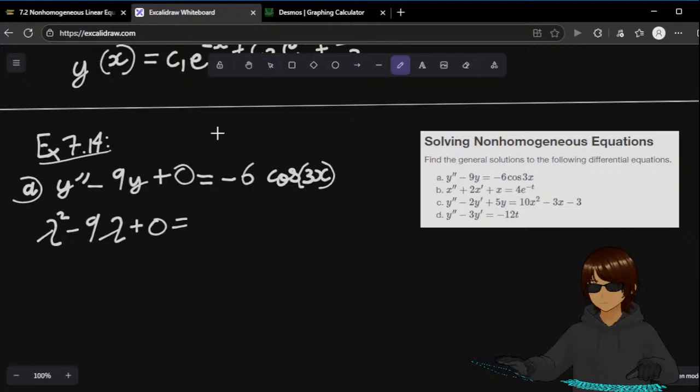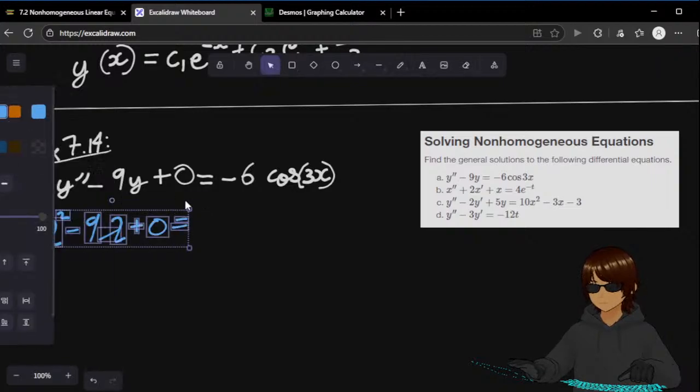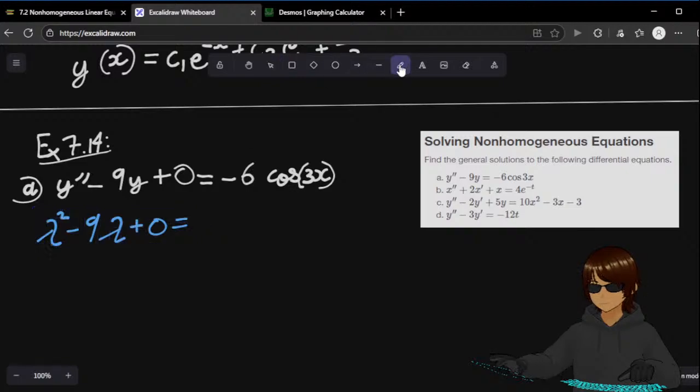Let's do this in blue. So this is the complementary equation.